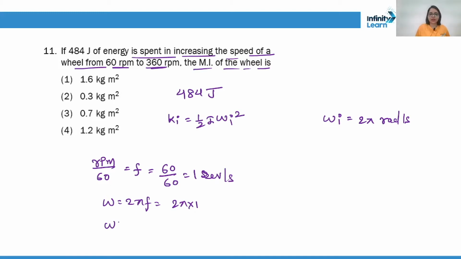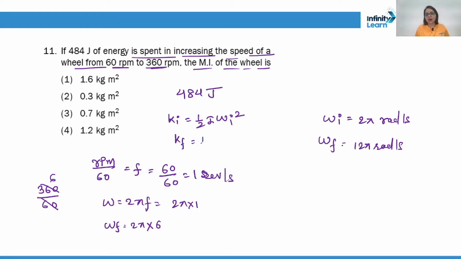Second omega final will be 2 pi into the frequency of revolution, which is 360 divided by 60. So it is 6, so omega final is 12 pi radian per second, right? So K final will be half I omega final square.